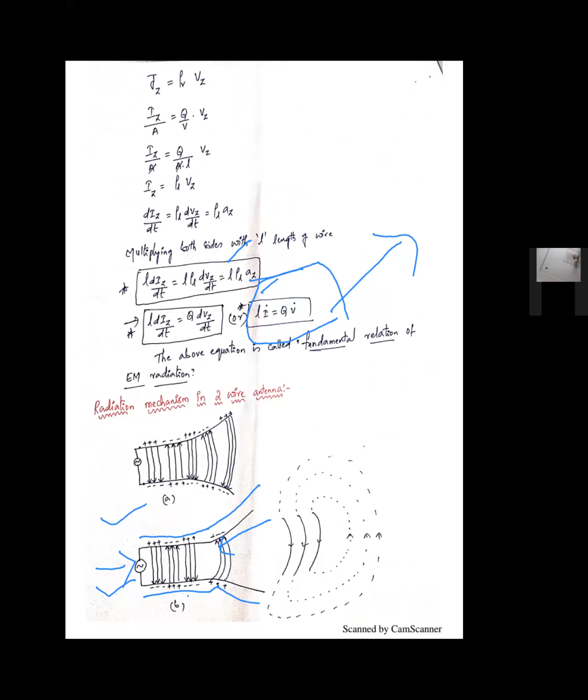Fm is equal to BIL, where B is magnetic flux, I is current, L is length of a conductor. You can see the closed paths here. These closed paths are because of the magnetic field generated within the circuit.